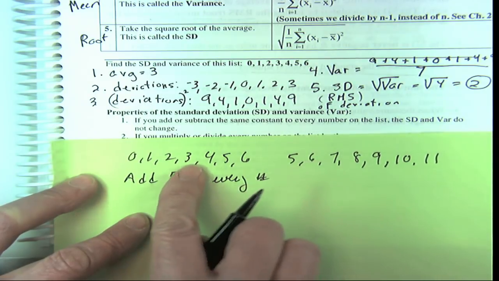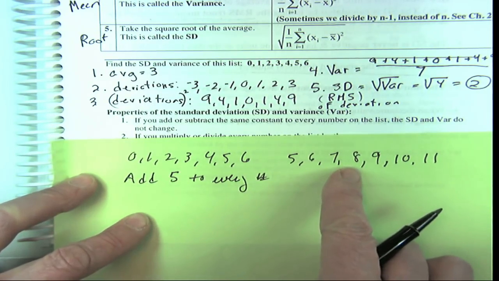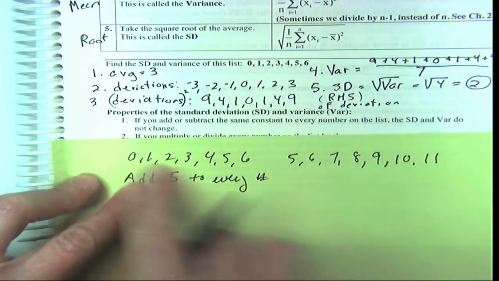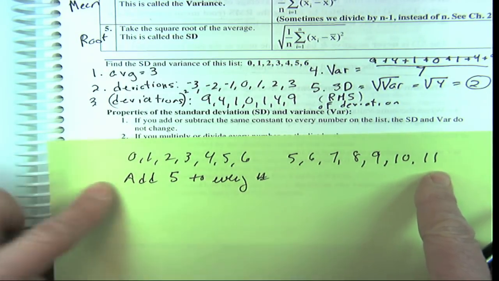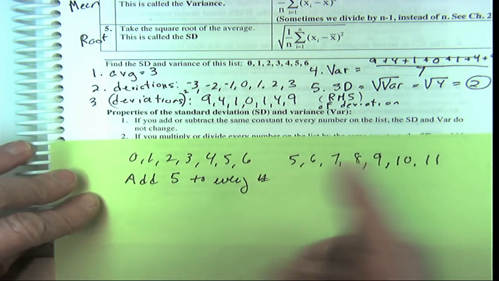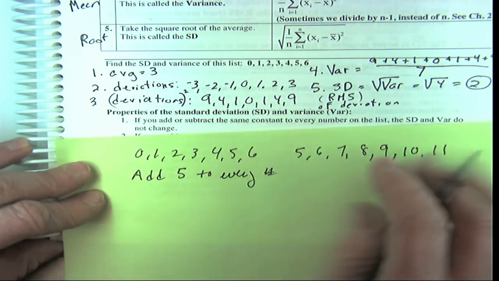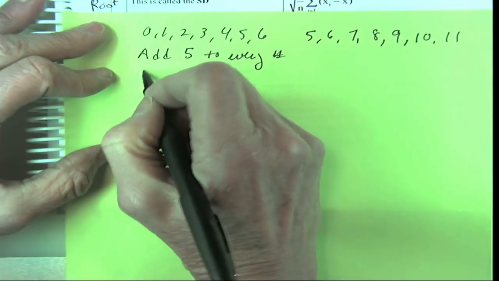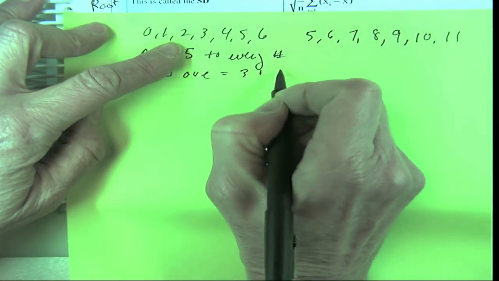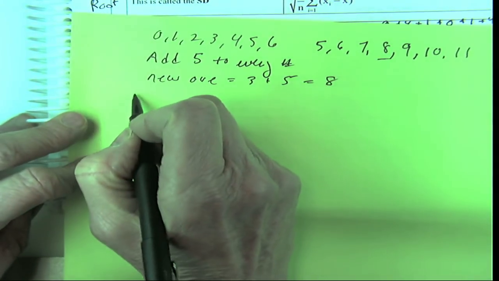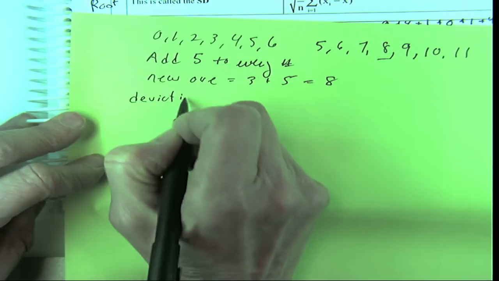The average went up from 3 plus 5 to 8, but it's still spread out by the same amount. This just shifted over, right? Do the deviations change? You'll get a new average equal to 3 plus 5 equals 8. That's our new average. But the deviations are going to be the same.